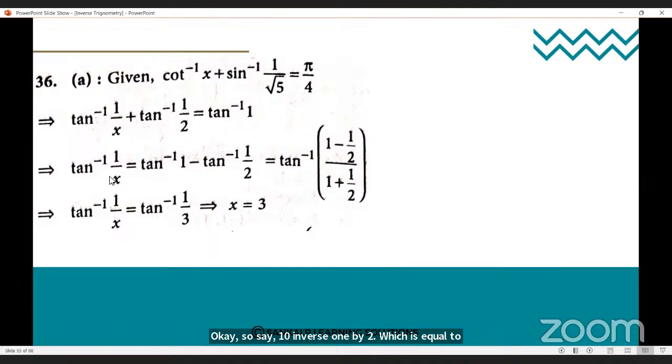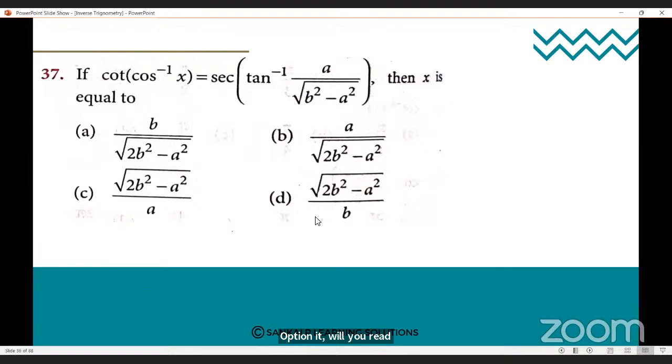On simplifying, we get tan inverse 1 by x is tan inverse 1 minus tan inverse 1 by 2, which gives 1 by x equal to 1 by 3, or x will be equal to 3. Option A will be the right answer. Next.